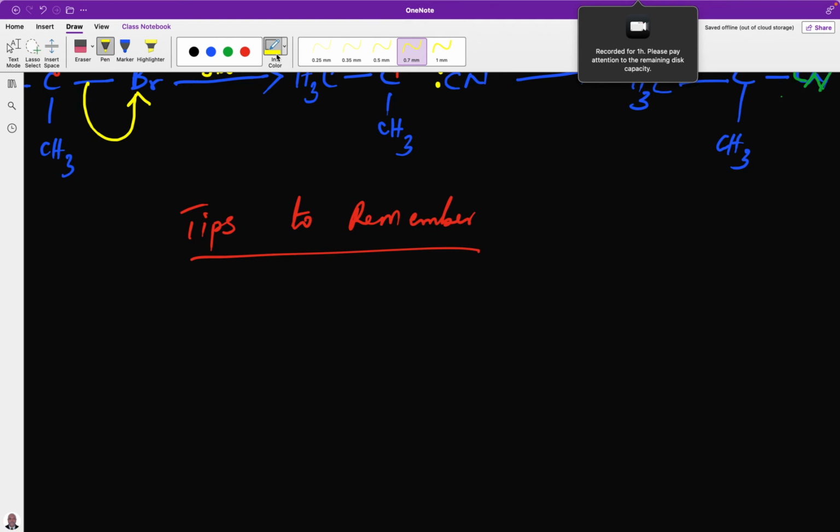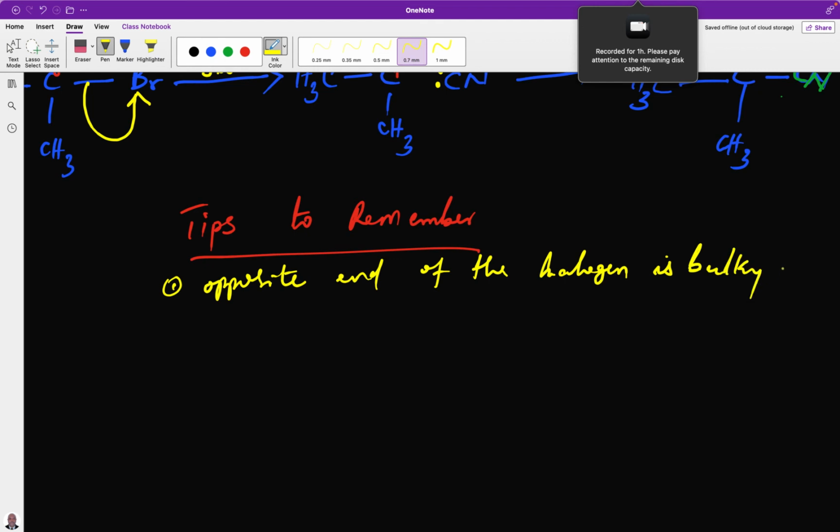The reason why tertiary halogenoalkanes cannot undergo SN2 mechanism is because the opposite end of the halogen is bulky, or clustered with alkyl groups.